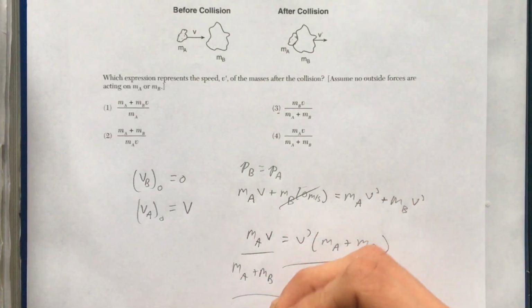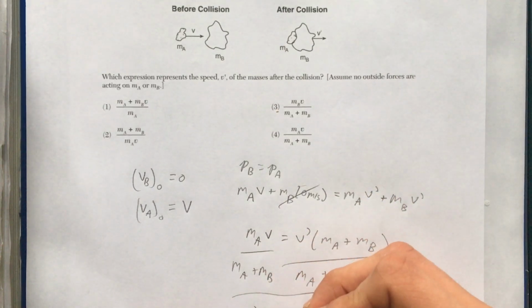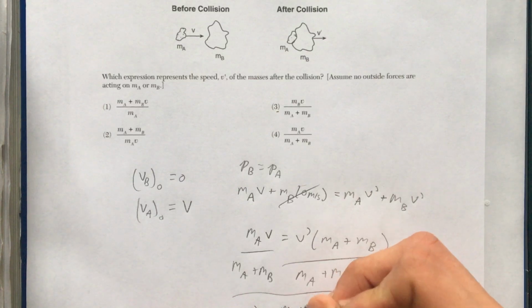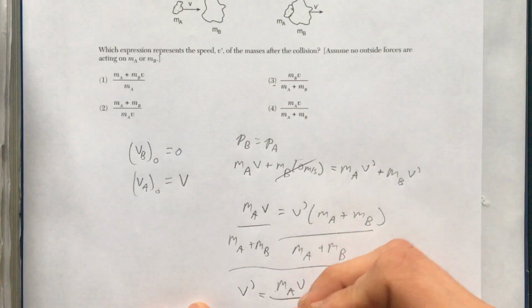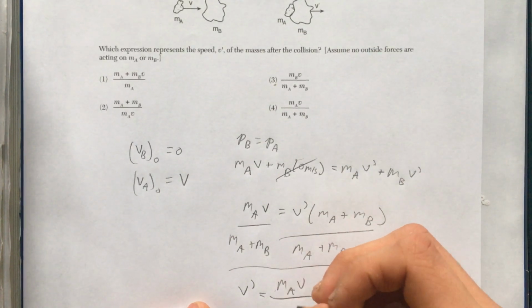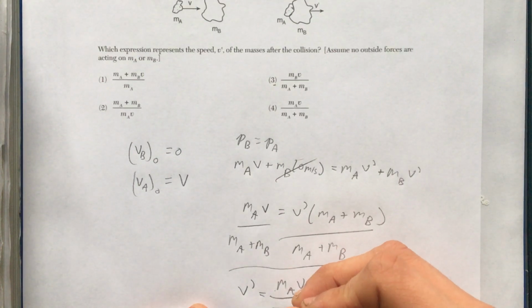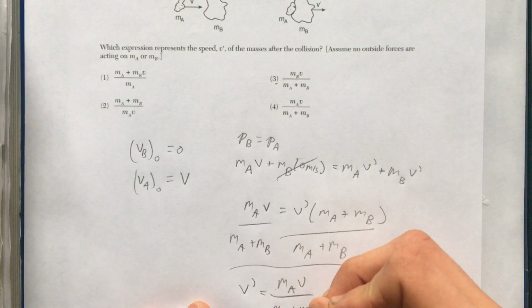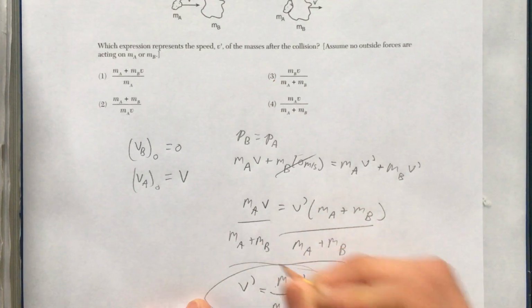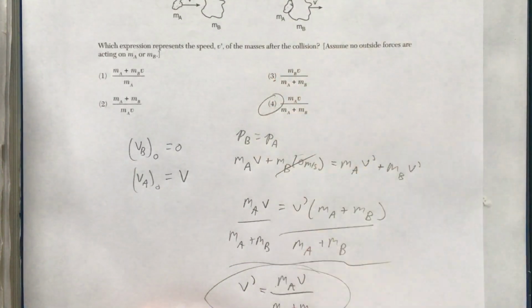And we get our answer, v prime is equal to MA times the velocity over MA plus MB. And that's choice number 4.